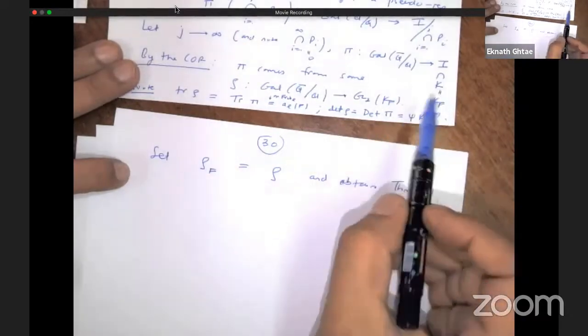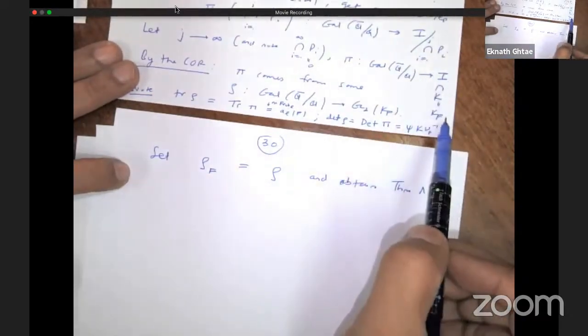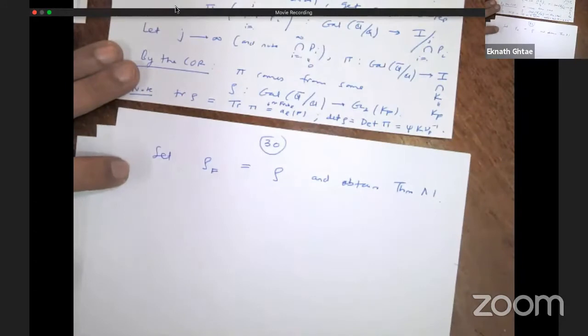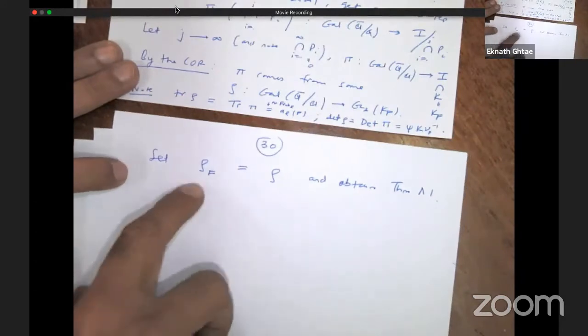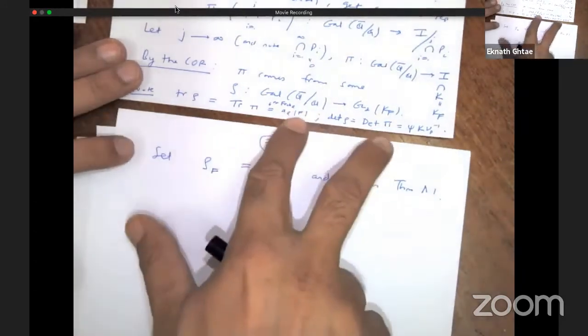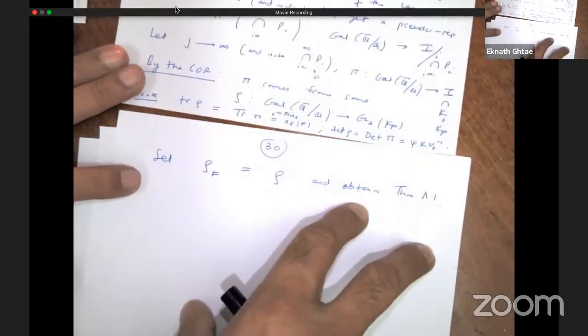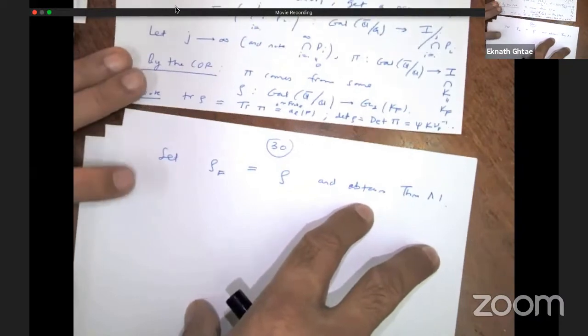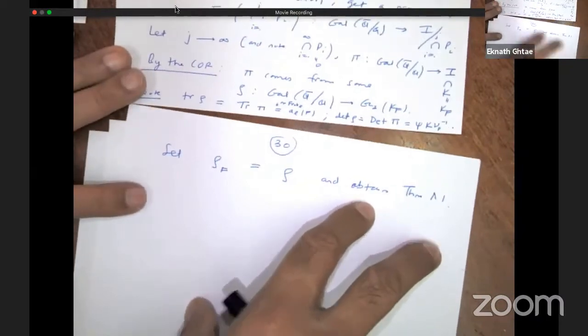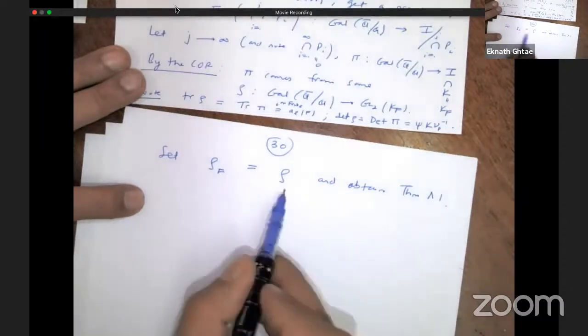You patch together the individual pseudo representations to come up with pi, and then you just artificially think of pi as taking values in this field, and therefore pi comes from some rho. And if you try and compute the trace and determinant of this rho, well, they're good. They're exactly the trace and determinant of the Galois representation in Hida-Wiles' theorem. And therefore, if two Galois representations have the same traces and determinants, they have to be isomorphic. Okay, so this is the representation in theorem lambda 1.